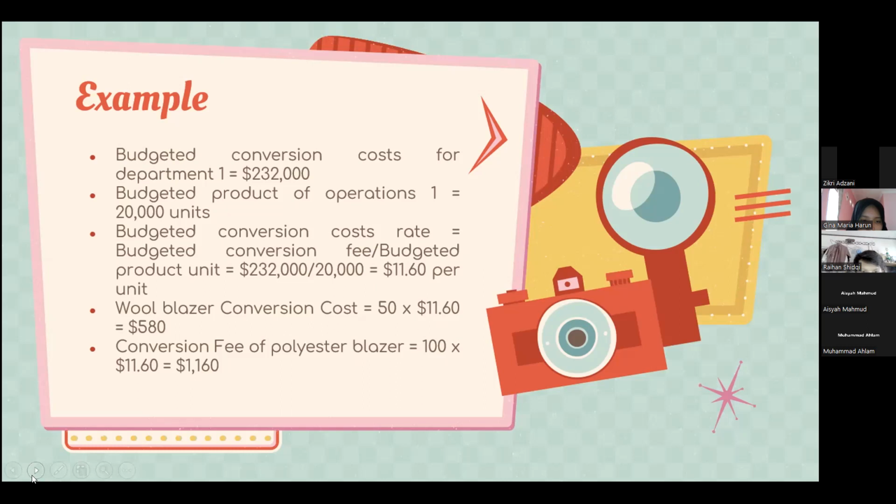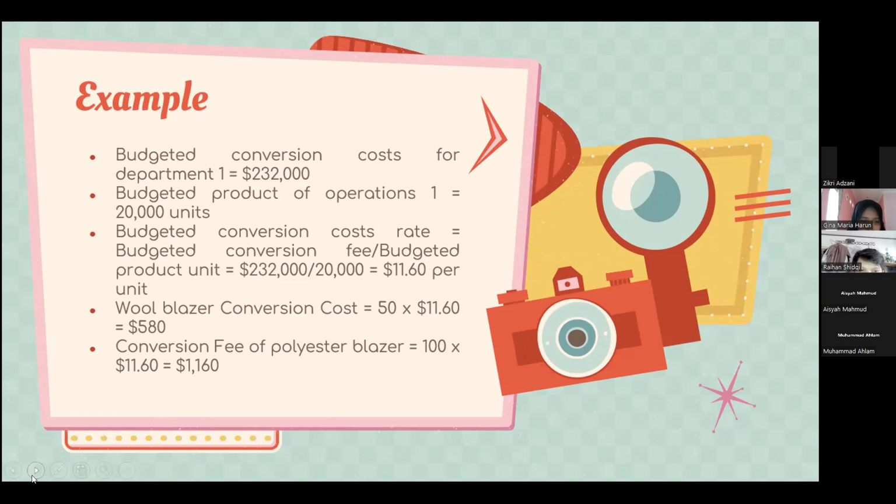Like we have before, 232,000 divided by 20,000, so we have $11.60 per unit. Then the wool blazer conversion cost is 50 multiplied by 11.60.